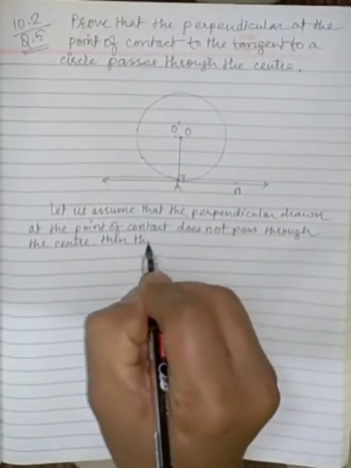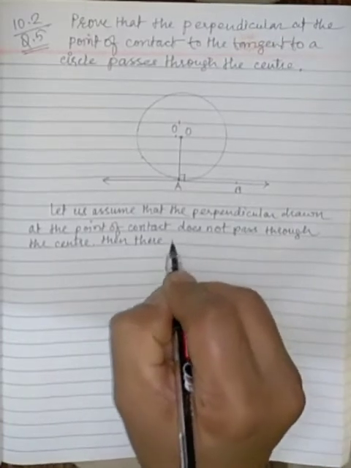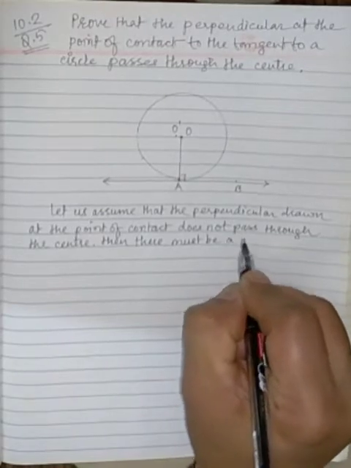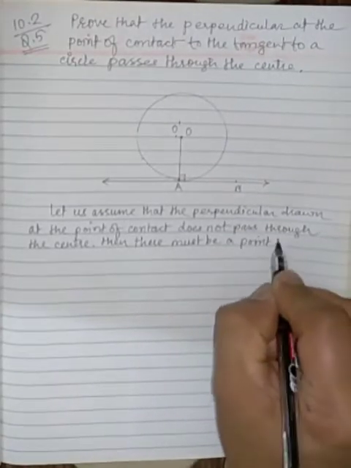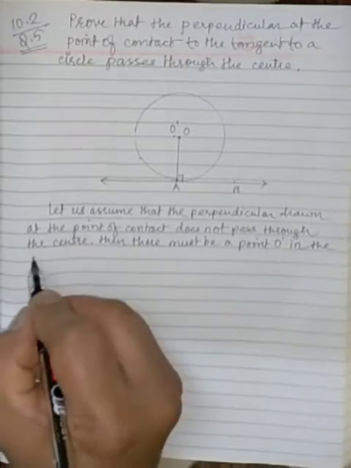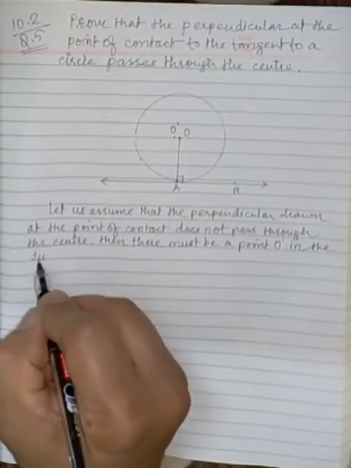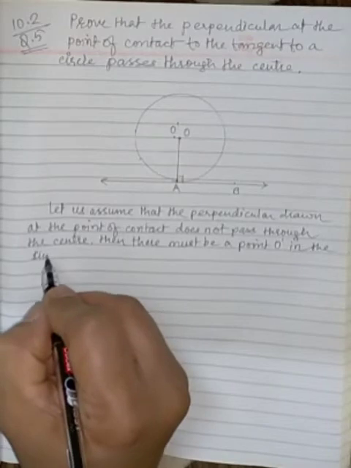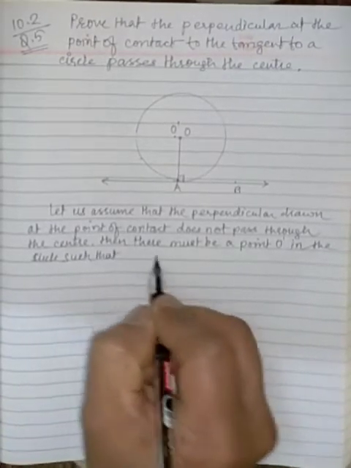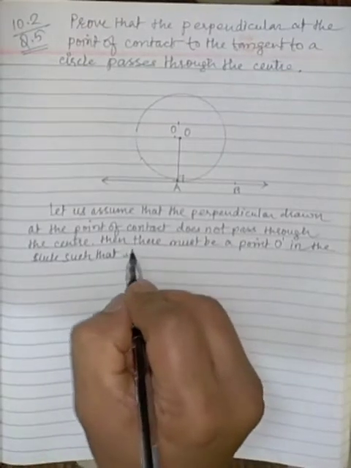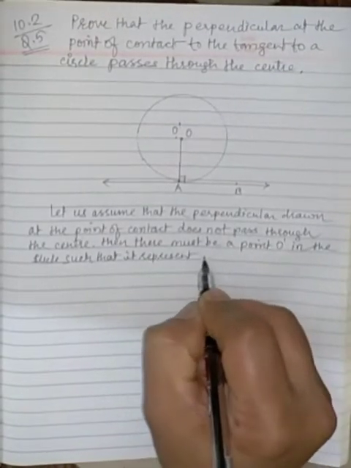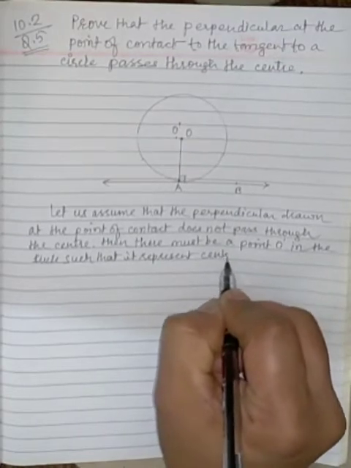Then there must be a point O dash in the circle such that it represents the center of the circle.